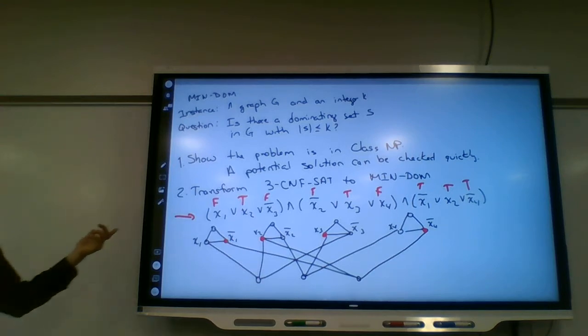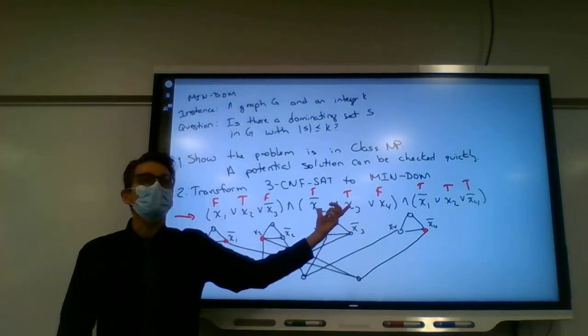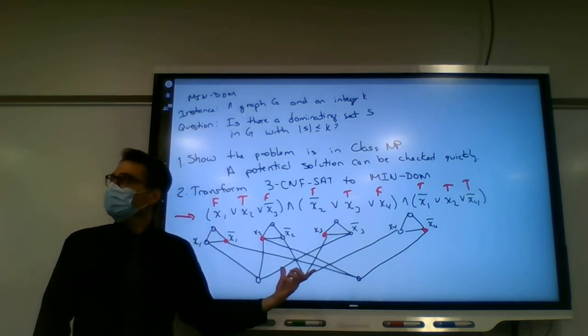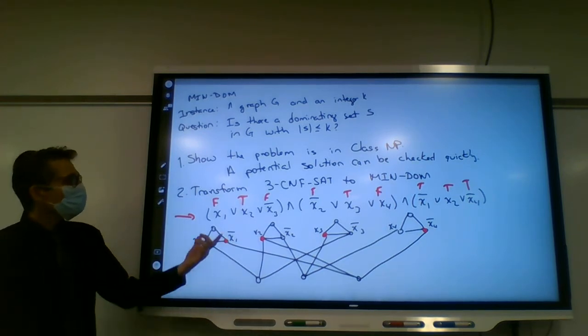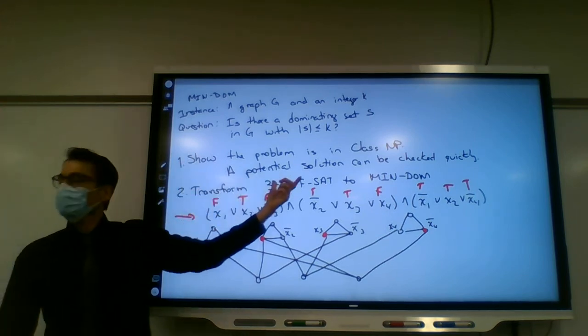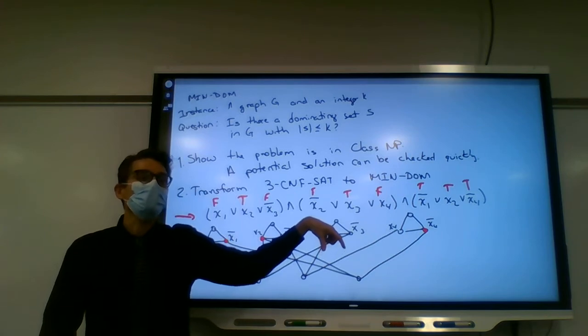So what happens then? Any potential 3CNF problem you have, you could turn it into this graph problem. So that doesn't necessarily relate to what we're doing right now. This is just an example. The idea that we care about right now is the transformation. Given one of these, how do you transform it into the graph problem?